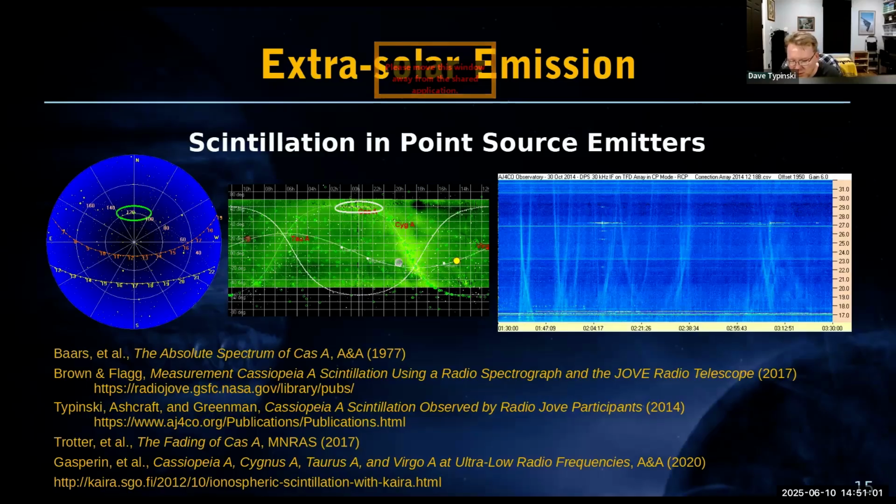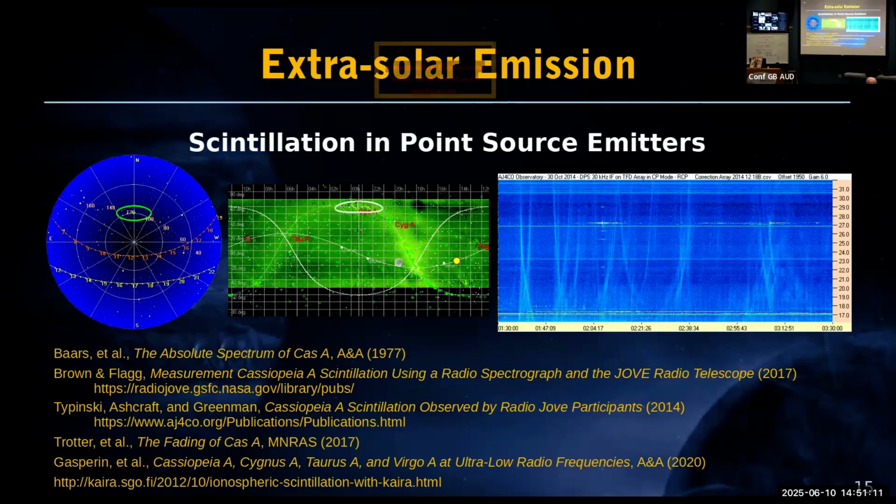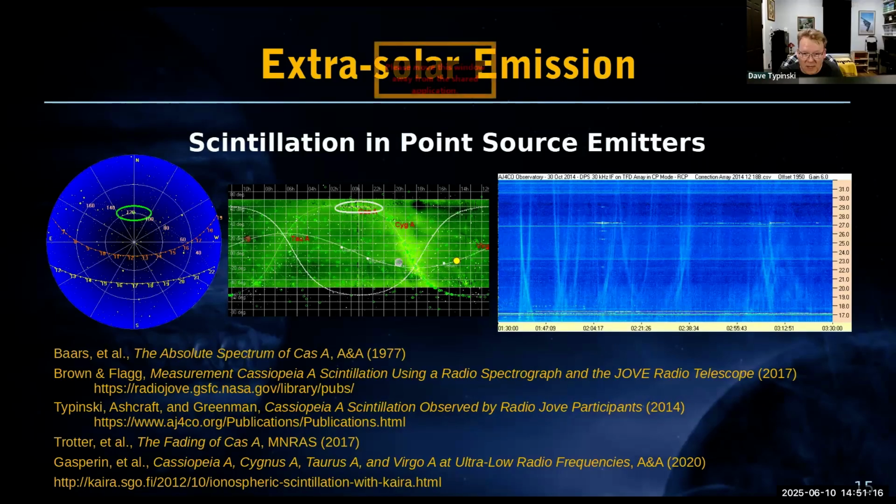You can't rely on scintillation, because scintillation artificially increases the effective aperture of your antenna, because the ionosphere is a lens basically, but a dynamic one that isn't constant. Anyway, so much for extrasolar emission. I don't know of anything else.